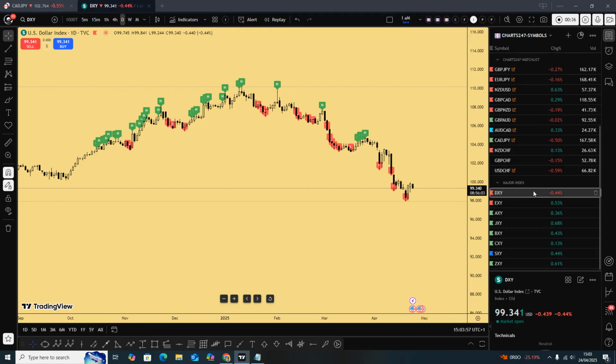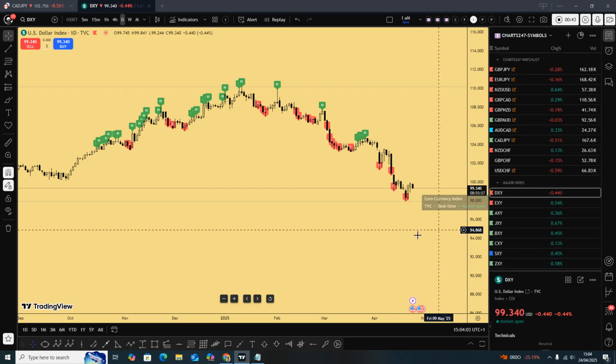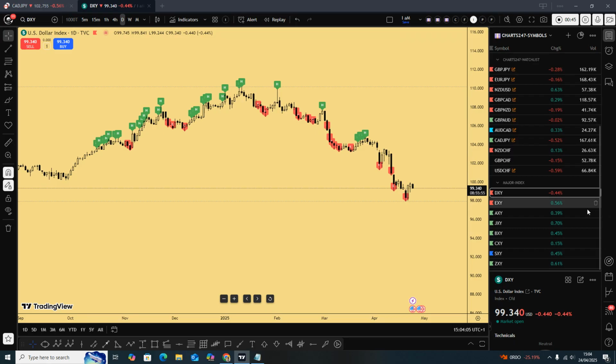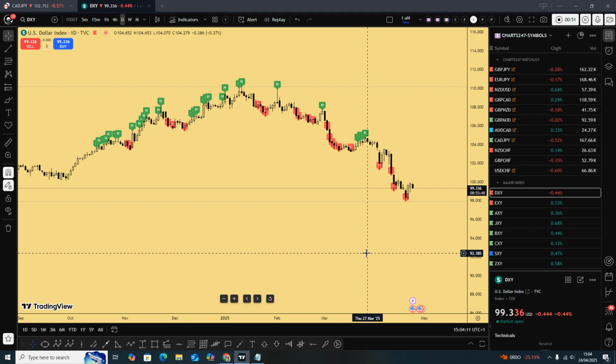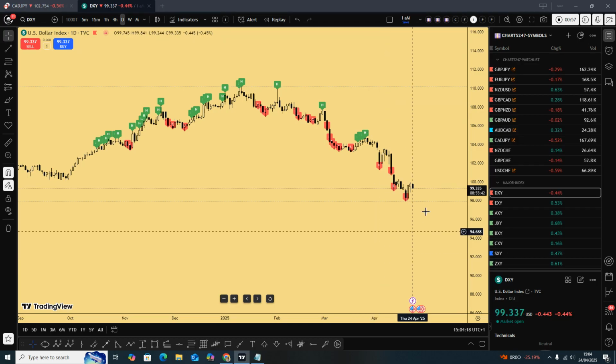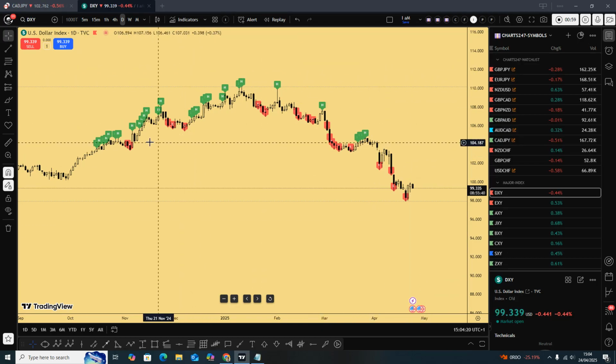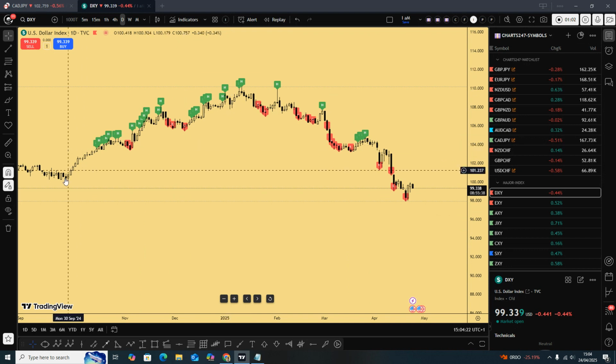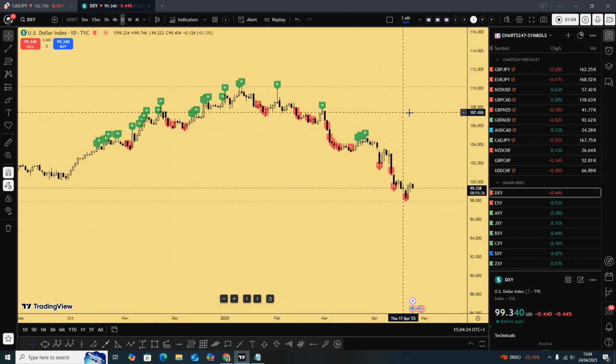The reason this analysis is important is because these indices are the basket of the currencies that we trade. Some of you might have seen me use the currency strength index, which is a derivative tool from the price that we get from the indices.